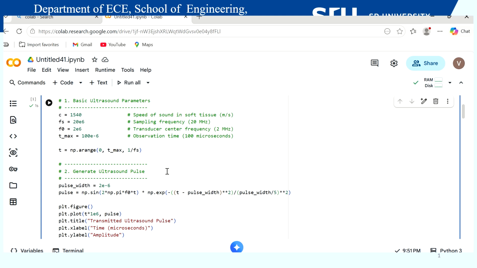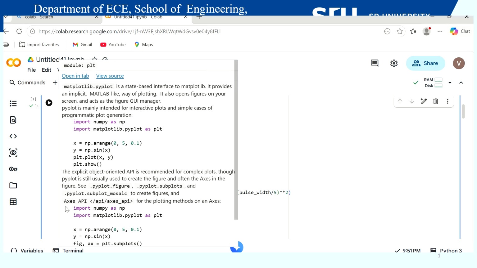Next it generates the ultrasound pulse. Pulse width is equal to 2 into e power minus 6. Pulse is equal to np dot sine 2 pi f naught t, multiplied by the exponential of e power minus t minus t underscore pulse underscore width, the whole squared, divided by pulse width divided by 5, the whole squared.